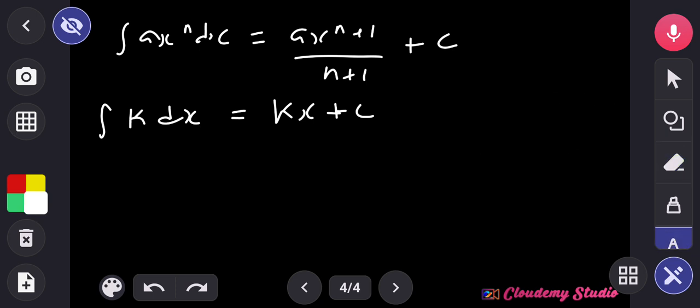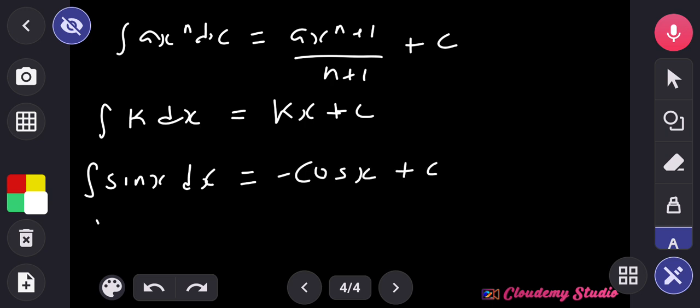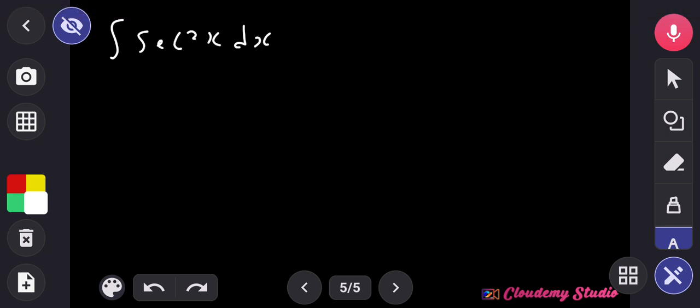How about the integral of sine x dx? It is given as minus cos x plus c. The integral of cos x dx is given as sine x plus c. The integral of sec squared x dx is given as tan x plus c.